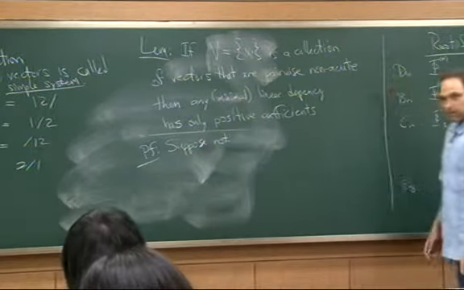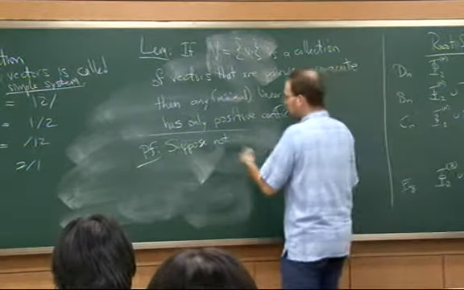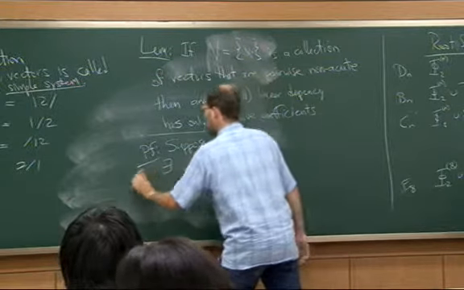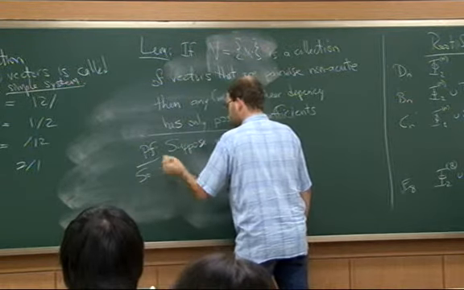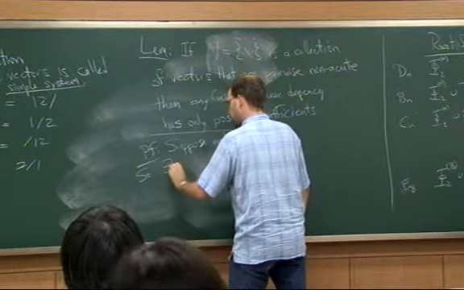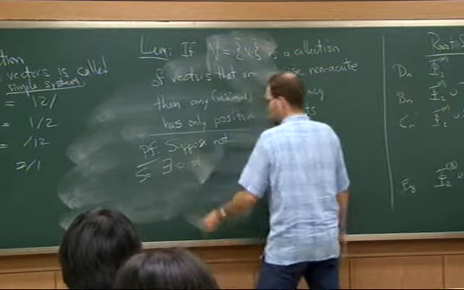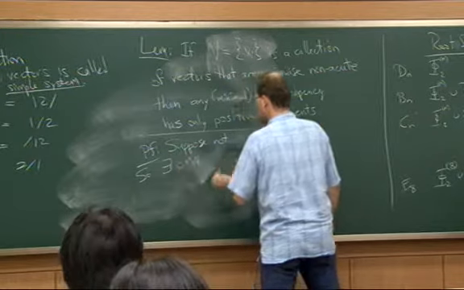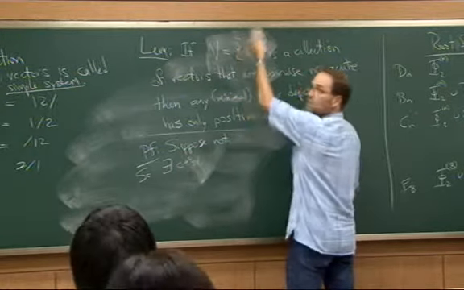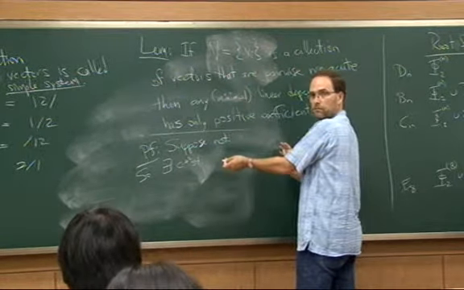Then what does that mean? That means that there exist coefficients Ci not equal to 0. So some subset of these have a linear dependency, right?